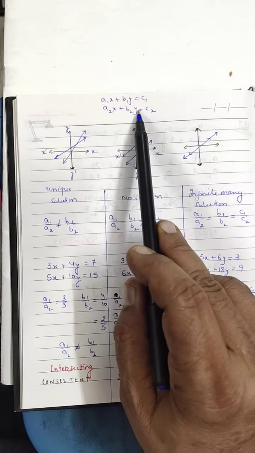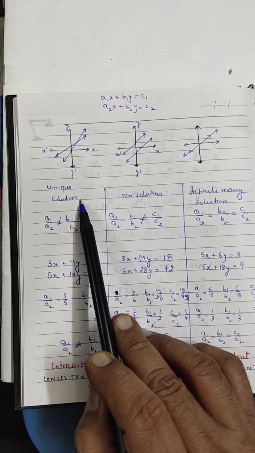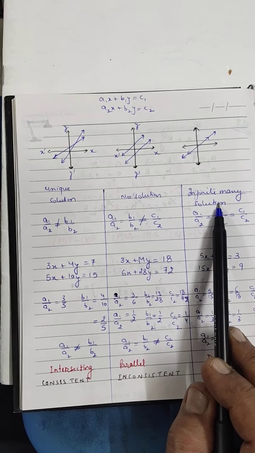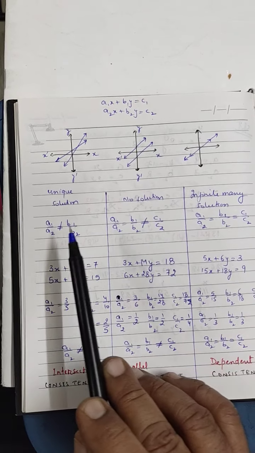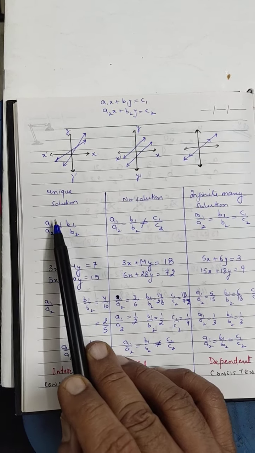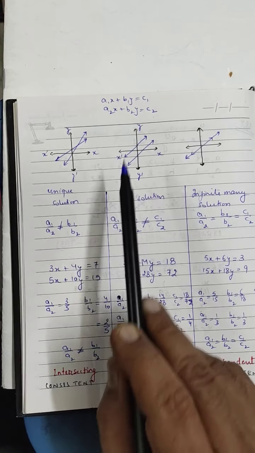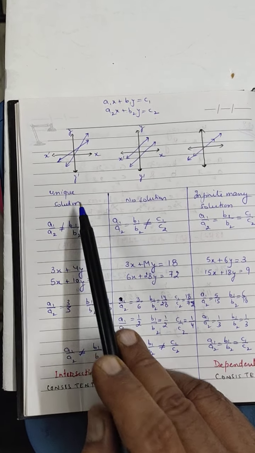Now, by looking at the equations, can we find whether we are going to get a unique solution, no solution, or infinitely many solutions? Yes, it's quite simple. If the ratio a1 by a2 is not equal to the ratio b1 by b2, you are going to get a unique solution.